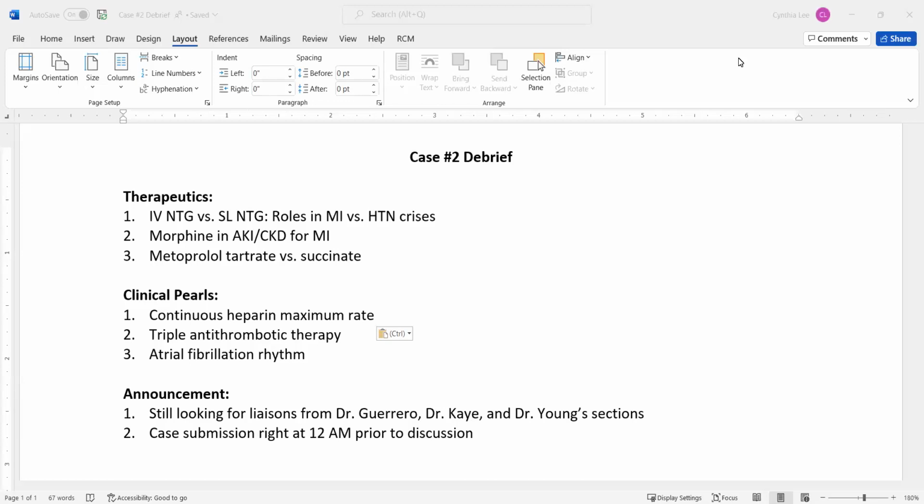The second part, if you're recommending IV nitroglycerin for this patient, is for the blood pressure, because it is a vasodilator, opening up the blood vessels, lowering vascular resistance, and this can further reduce the blood pressure. So that's the mechanism of action, how it can lower the blood pressure. In these patients, IV nitroglycerin is perfect.